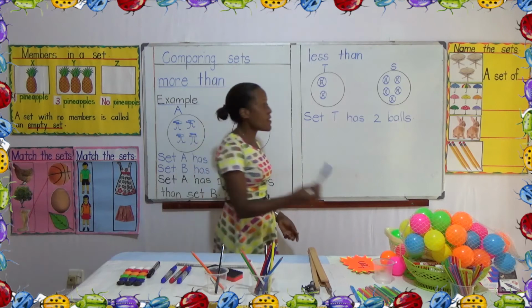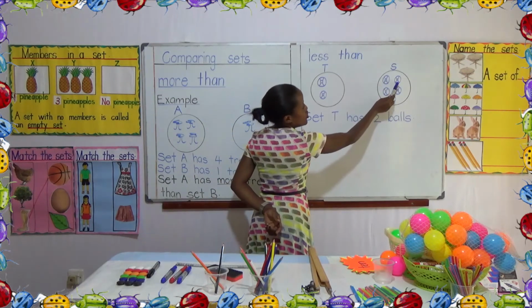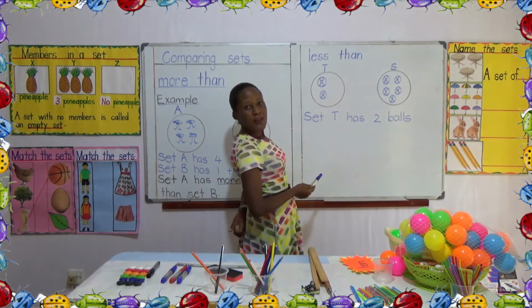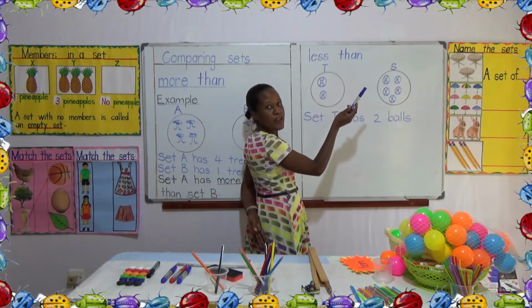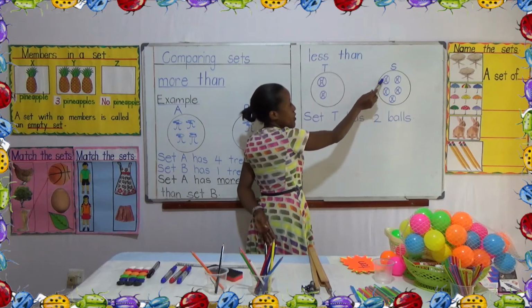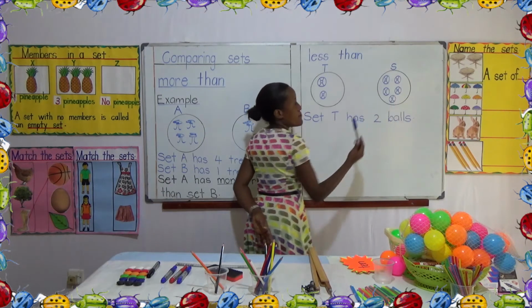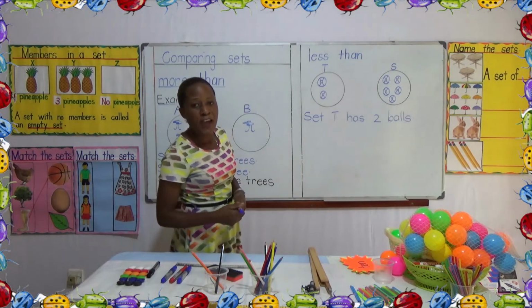1, 2, 3, 4, 5. Let's count again. Children, let's count again. 1, 2, 3, 4, 5. Set S has 5 balls.